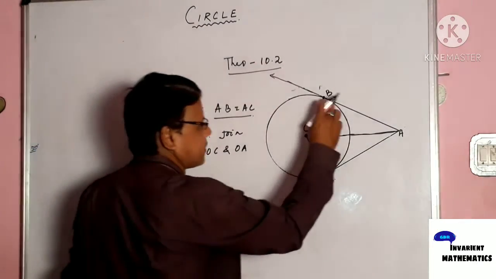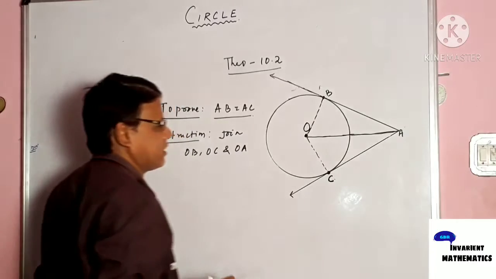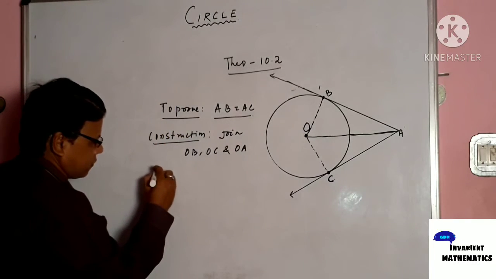One is OBA, the other is OCA. So, proof.